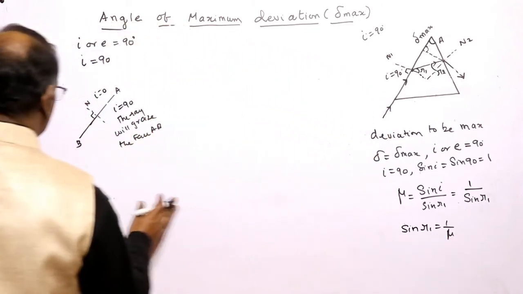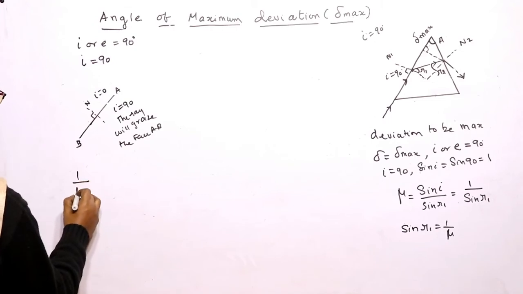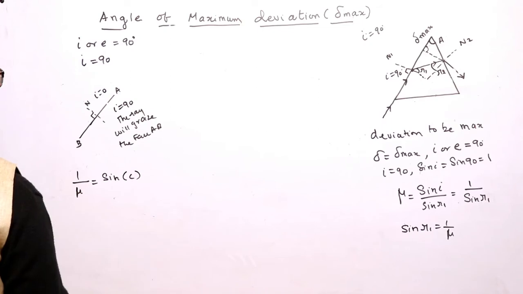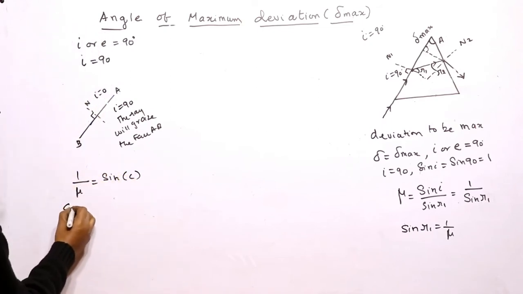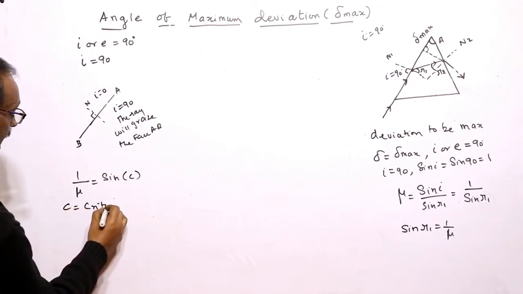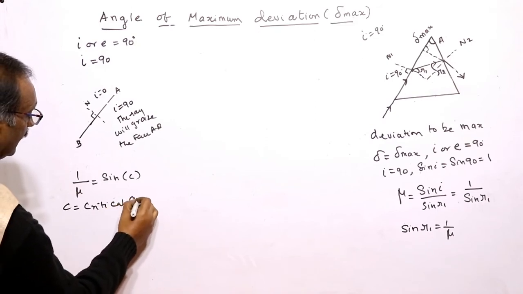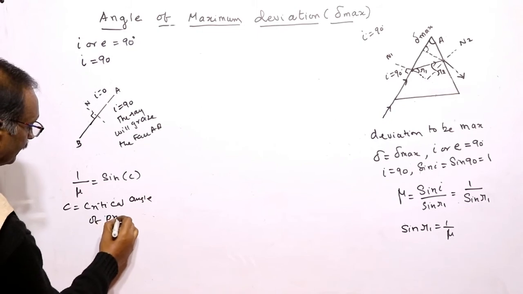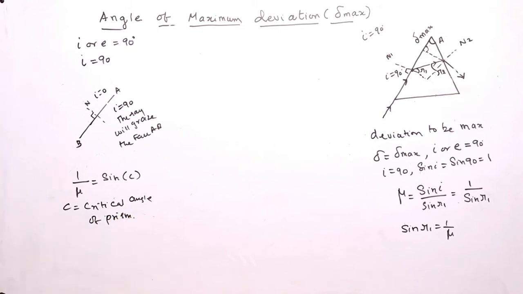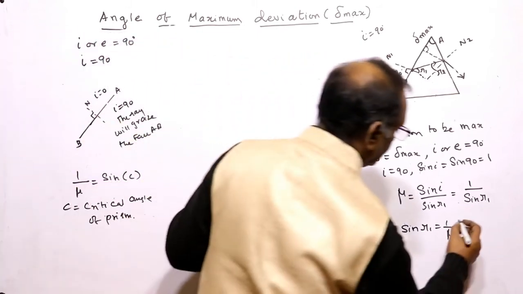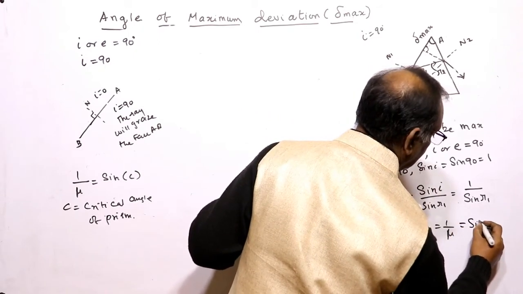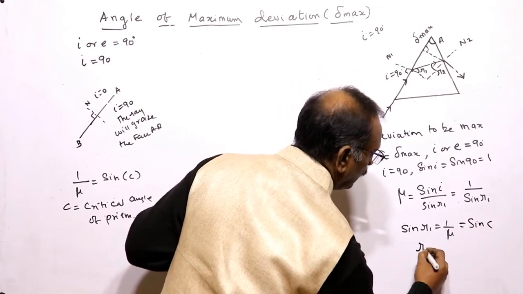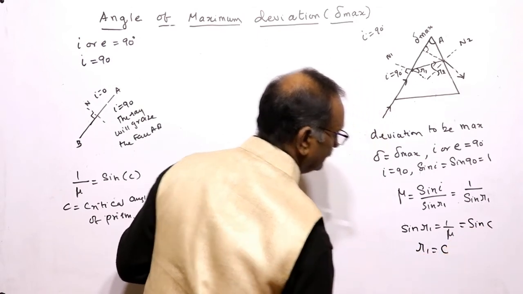Already we have seen that 1 by refractive index equals sine of the critical angle C, the critical angle of the material of the prism. Equating these, R1 is equal to the critical angle.